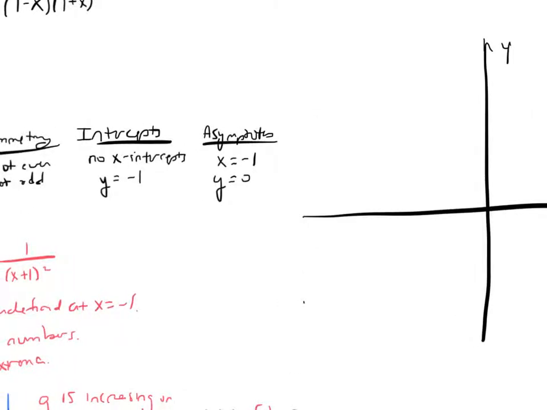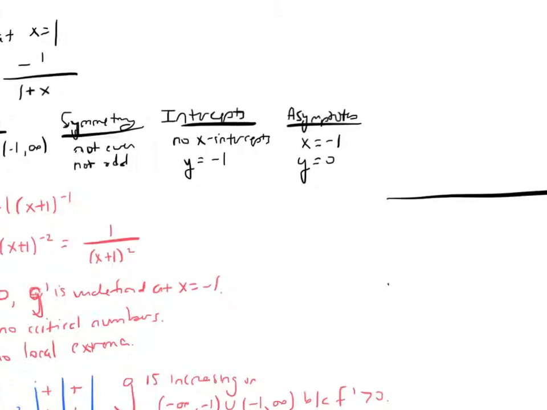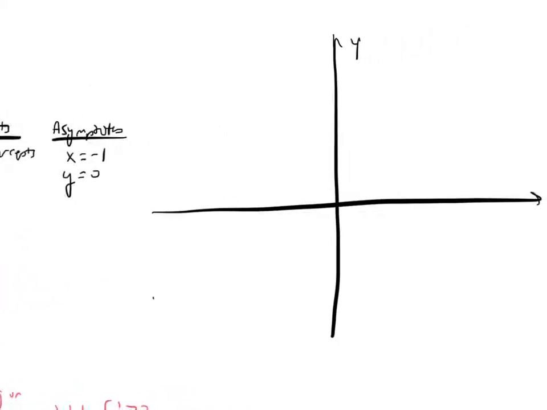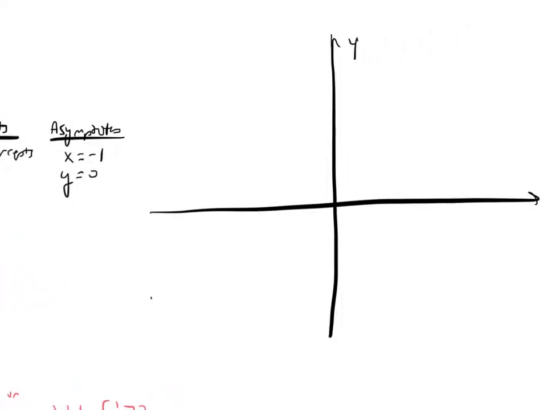So we have no x-intercept, a y-intercept at negative 1. We've got a vertical asymptote at x equals negative 1, and a horizontal asymptote along the x-axis.